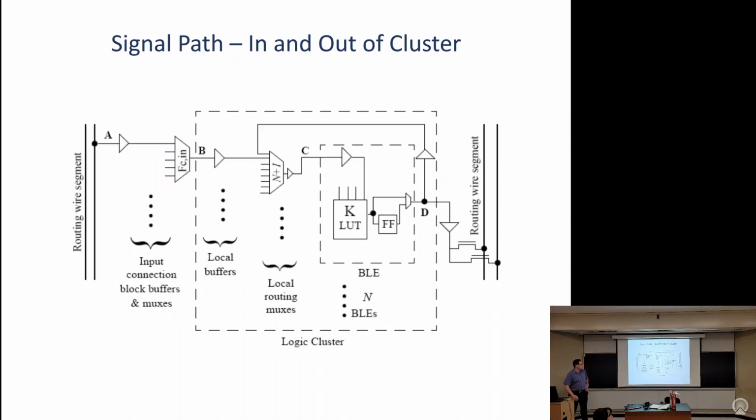Yeah? Why do they not have the buffers after the transistors, where they go to the routing segments? Because the wires have significant capacitance. So nowadays what you would do, we'll read a paper about something called direct drive routing. It's actually better.